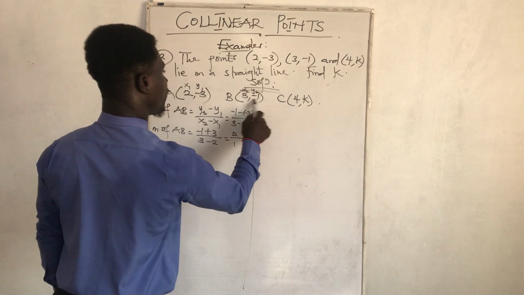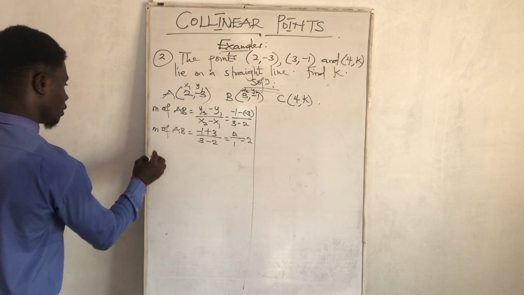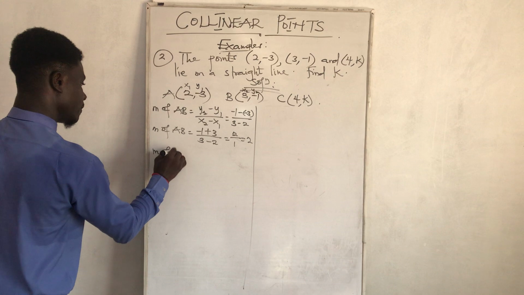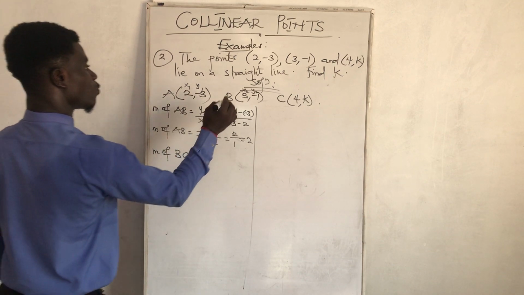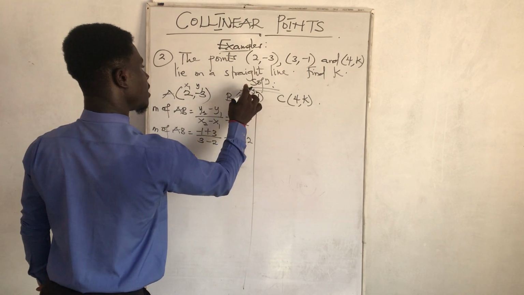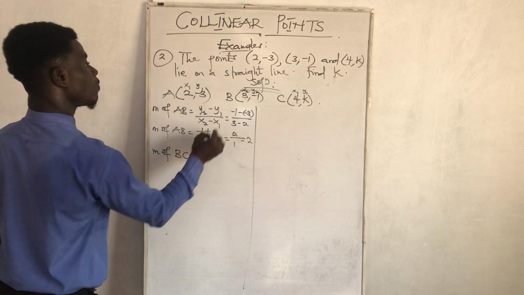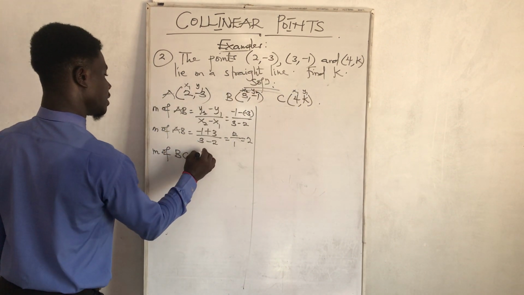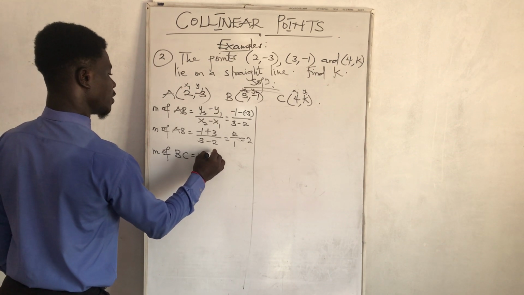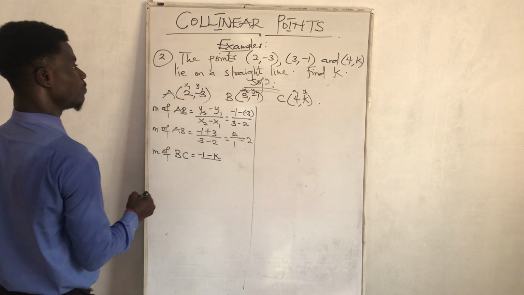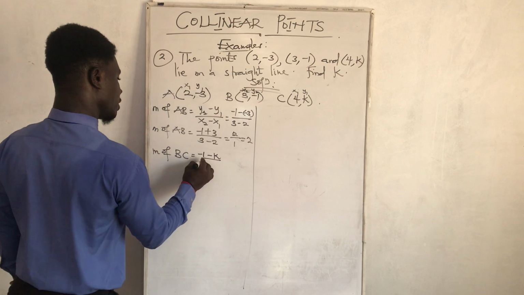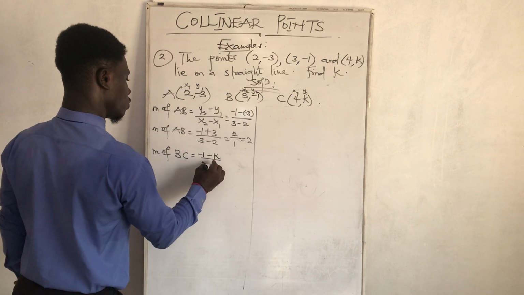So now we can find the gradient of BC. I have x2, y2, then x1, y1. So y2, which is -1, minus y1, which is k, all over x2, which is 3, minus x1, which is 4.